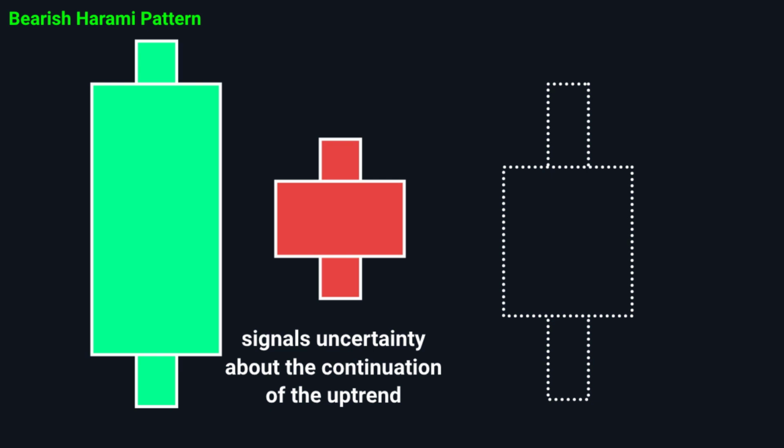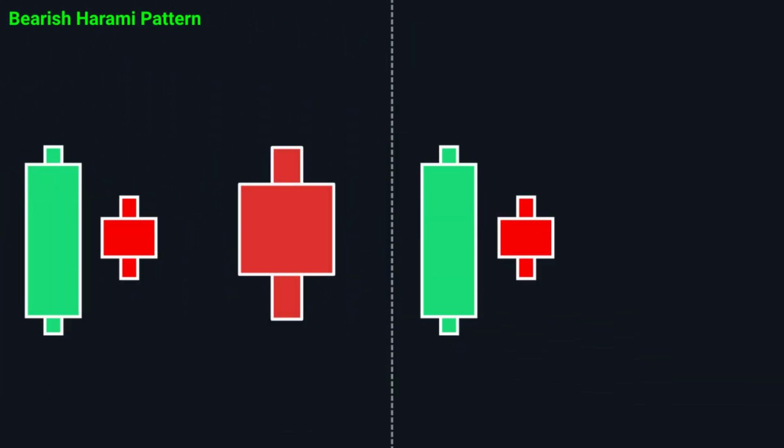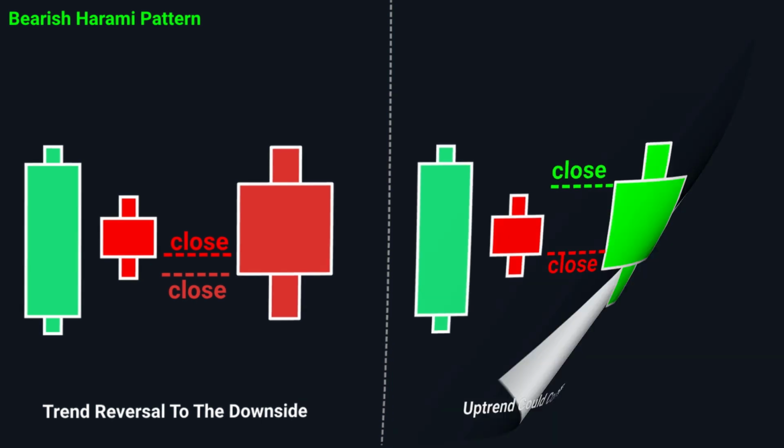However, the third candle, also known as the confirmation candle, shows that sellers have taken control of the market. If the confirmation candle is red and closes below the second candle's closing price, it provides stronger evidence of a trend reversal to the downside. On the other hand, if the third candle is green or closes above the previous candle's close, it may signal the failure of the pattern and the uptrend could continue.